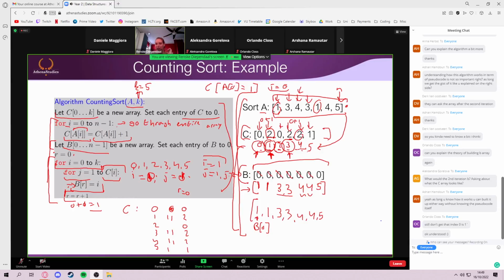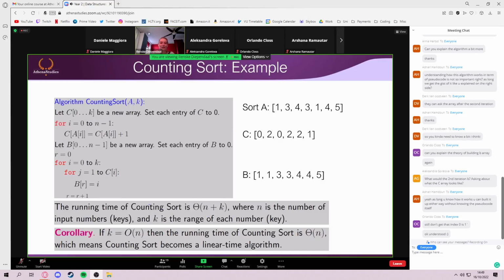Okay, let's move on. If you do have any questions left, we can talk about this in the break. Okay, so the running time of this counting sort is going to be n plus k, where n is the number of input keys as you go over this array, right? So you need to do n things, and then k is the range of each number, basically because you go through this for loop k over here, right?